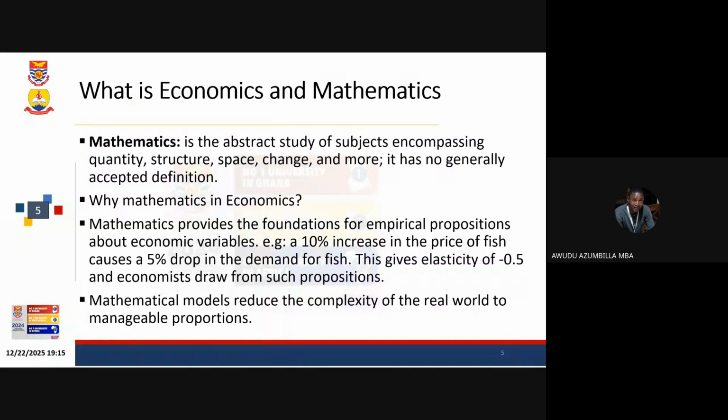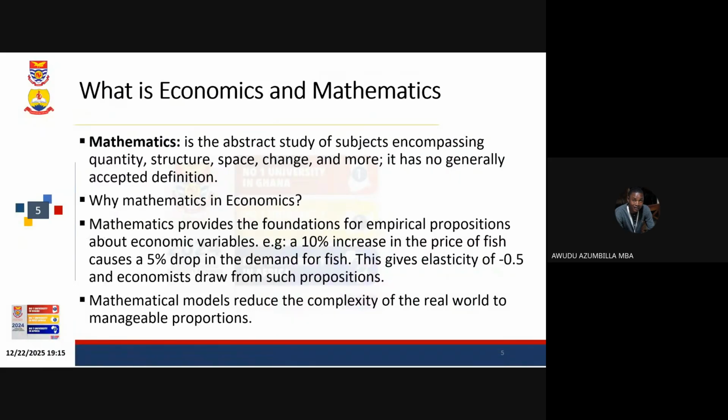And that is why sometimes we put a mathematical equation there and you don't even know where these equations are coming from, because you see it to be something strange. Yes, that is mathematics. So mathematics is an abstract, or the study of abstract. And this abstract can include quantity, structures, space, changes, and many more. That is generally what is accepted.